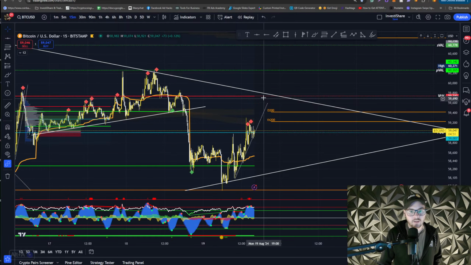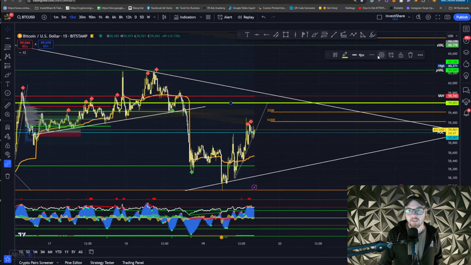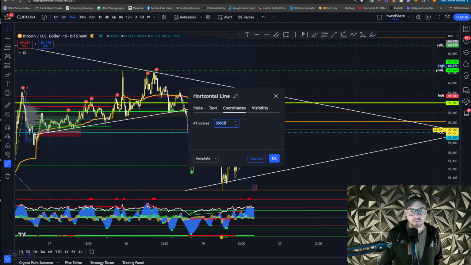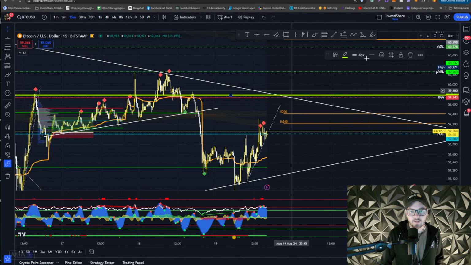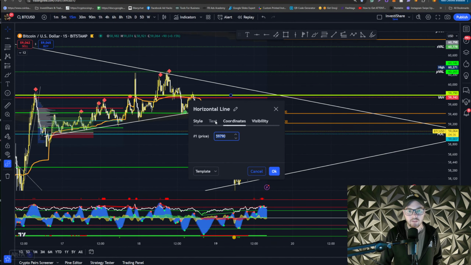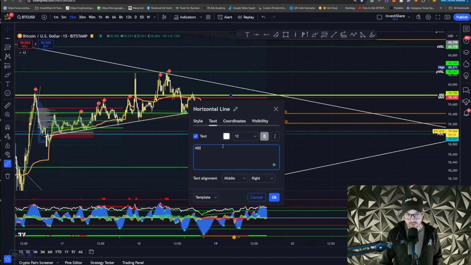I want to see if there's any confluence there. Grab this trend line here, coordinates 59,790. So right now we have people preparing to sell 450 Bitcoin here. BTC sell wall.